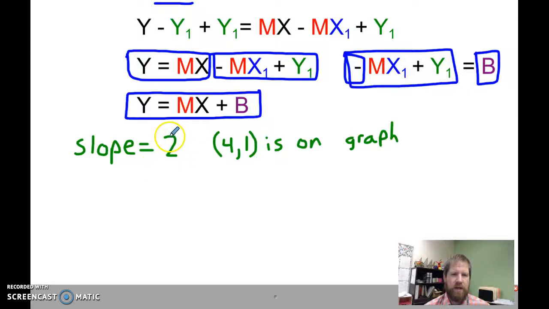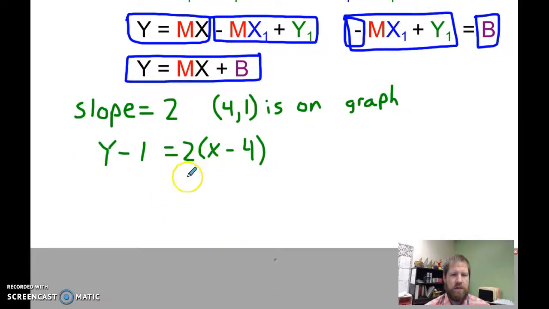In this example, we're given the slope and a point on the line. So we start with y minus y1 equals our slope times x minus x1, which is 4. Distribute out. 2x, 2 times the negative 4 is negative 8.